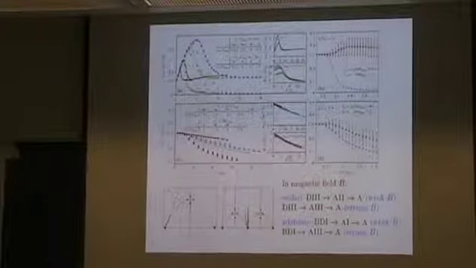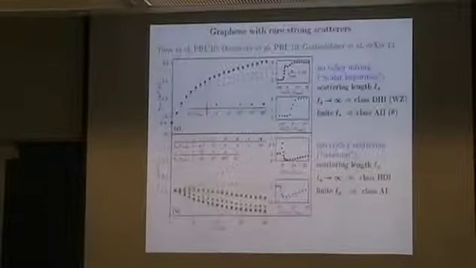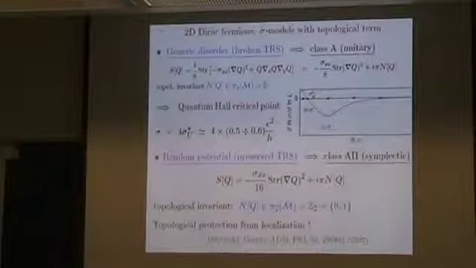And here, the theta angle is sigma xy plus pi, and this pi comes from the anomaly, and you can understand that already from the previous calculation without any magnetic field. So without any magnetic field, we get this topological term with pi, although sigma xy is obviously zero because there is no magnetic field at all.